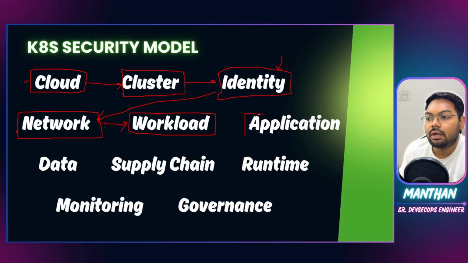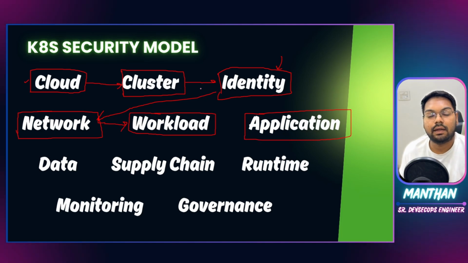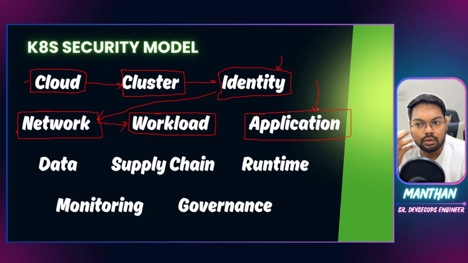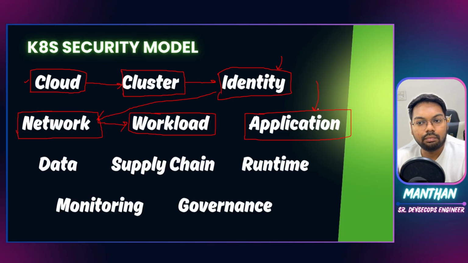Then comes the application. Even if you have done all of these things on the cluster level, node level, cloud level, and identity and access management, is the same thing applicable for your application? Or can someone just log into your application, which is deployed on the cluster, and then brute force attack it, try to create a reverse shell, do SQL injection, and then the application ends up updating the data or deleting the database?